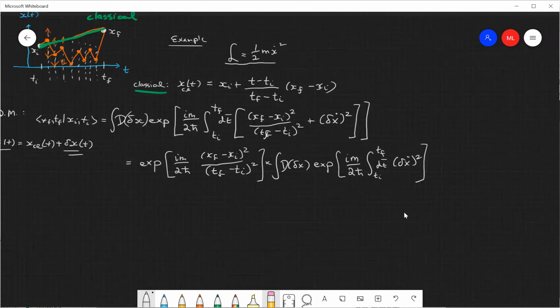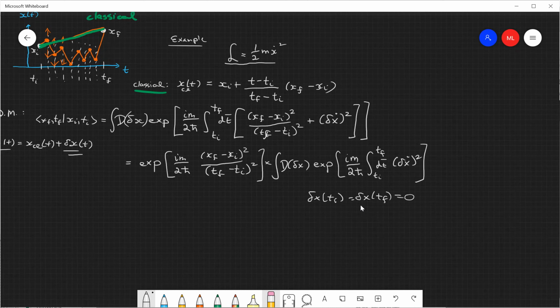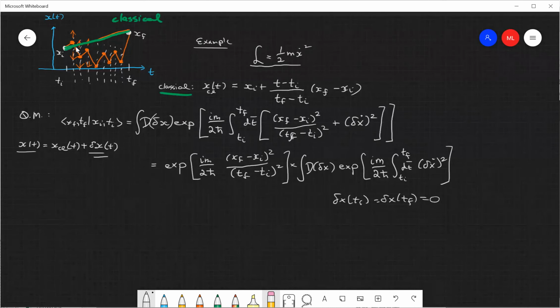Sure, they have a nice boundary condition, namely that delta x at T_i and T_f has to vanish. That does make things easier. It has to vanish because the classical path already takes care of the boundary condition at the beginning and the end. But it's still hard to do, and I'm not going to do it.